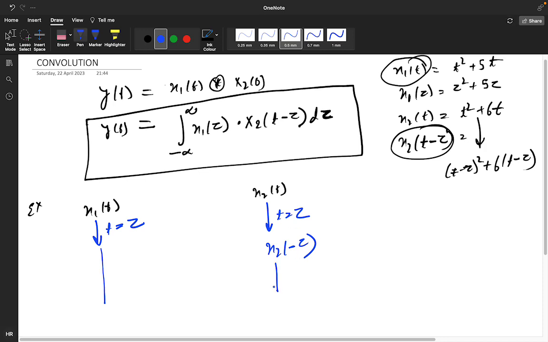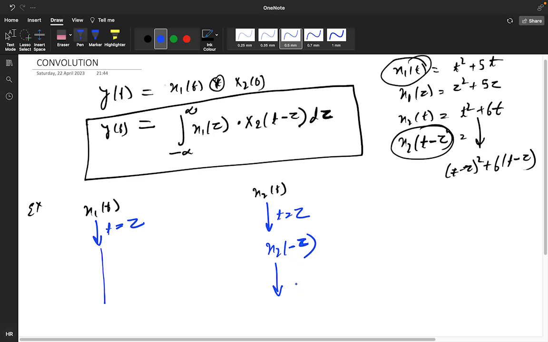Then fold the signal, you are doing the folding, meaning reversing the signal.